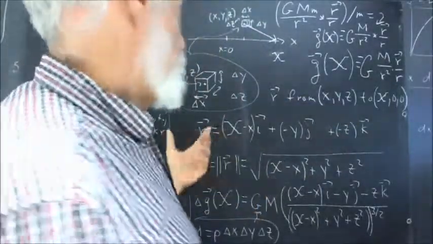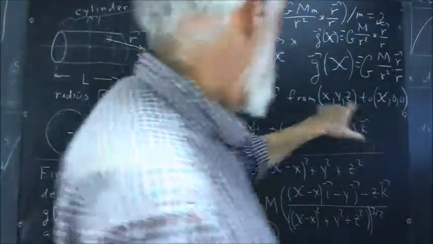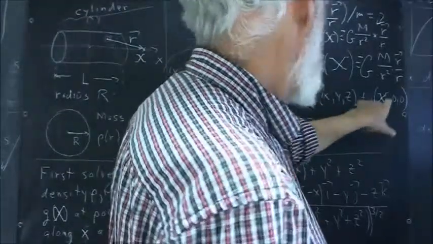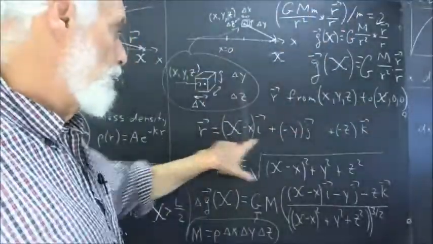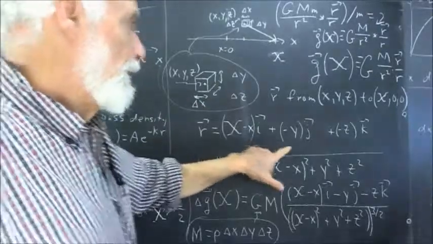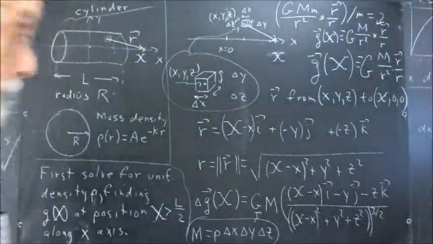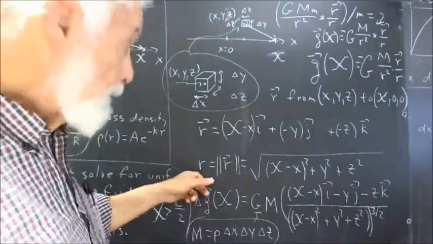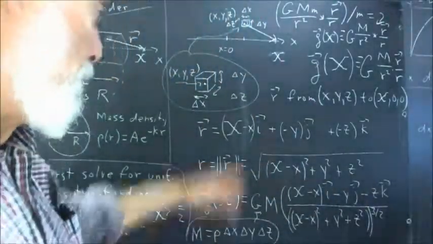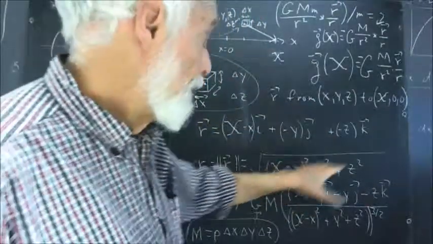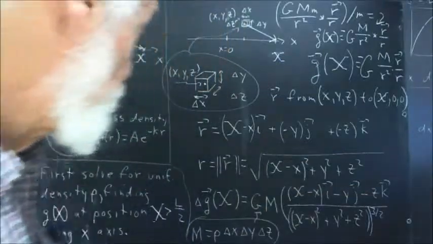That should be very straightforward. From x to big X, big X minus little x is the displacement, and that's in the i direction. Then the displacement in the y direction is negative y, and in the z direction is negative z. The magnitude of R is just what we get from the Pythagorean theorem, the square root of the sum of the squares of the three components.